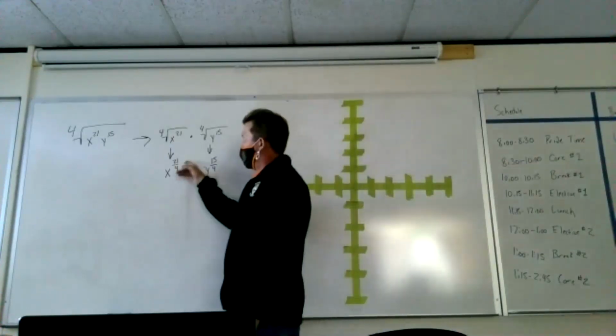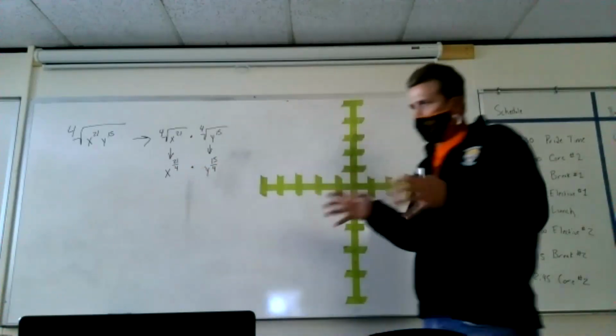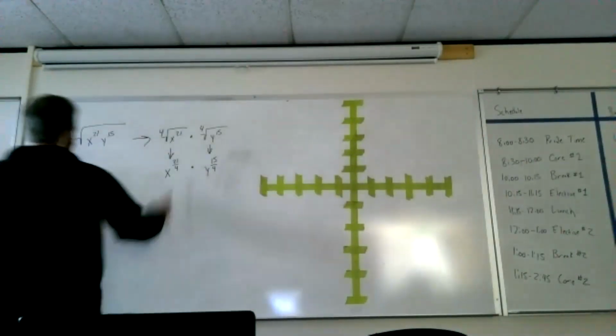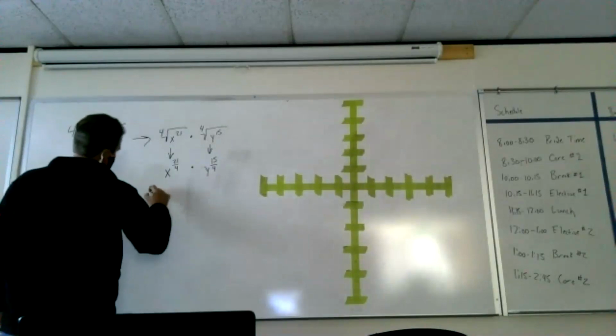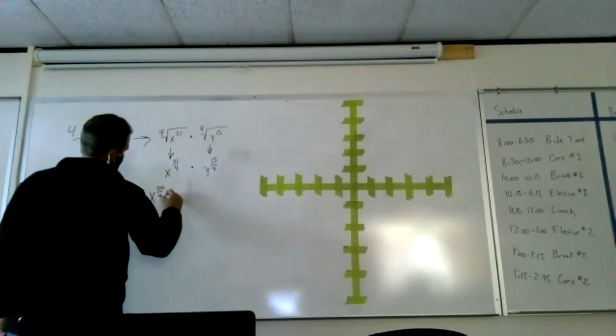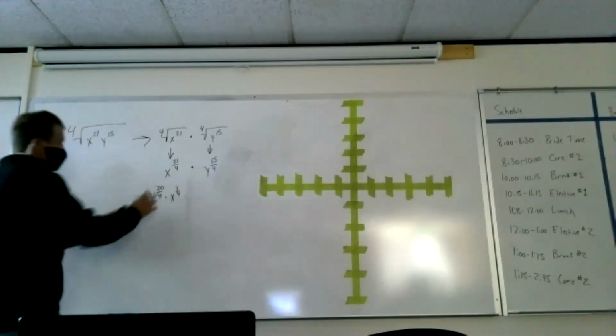But what I can do is separate this into two different forms and be able to get a whole number as an exponent. What I would do is break this into x to the 20 over 4 times x to the 1/4, because those two are equivalent statements.